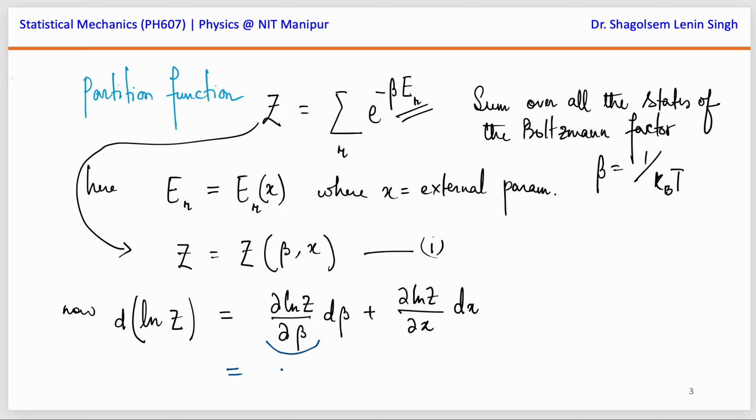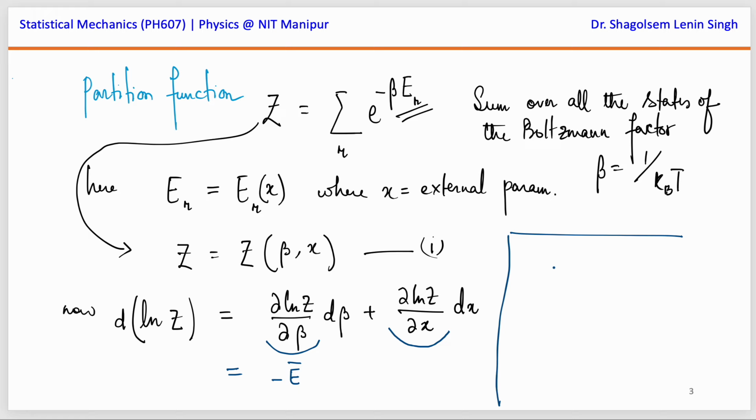Now what is this here? This is nothing but the negative of the average energy that we derived in the discussion of the canonical ensemble. And here is another term, which is a derivative with respect to the external parameter. In this, there is a relation that I have not discussed, but you can check it out.